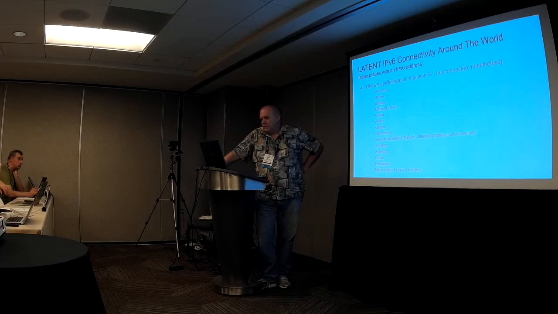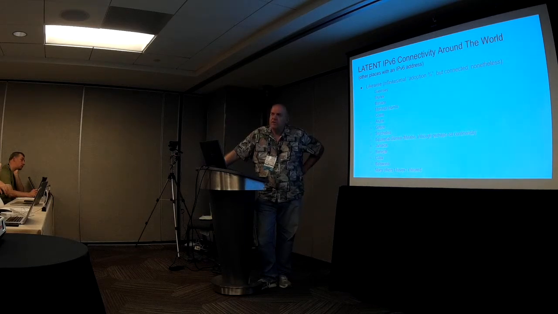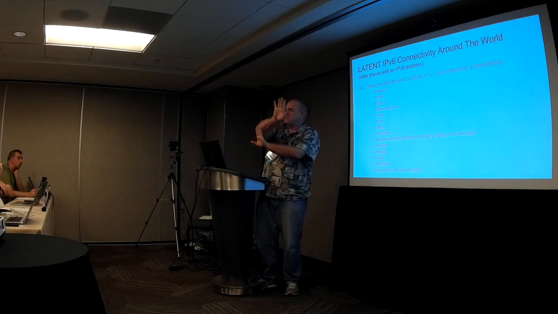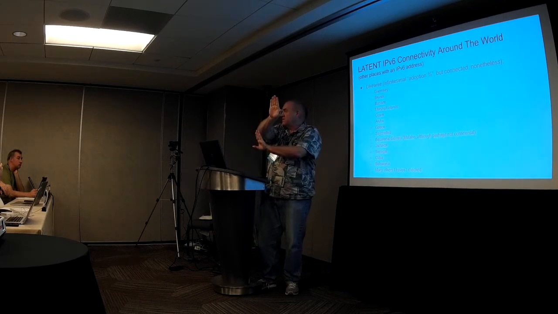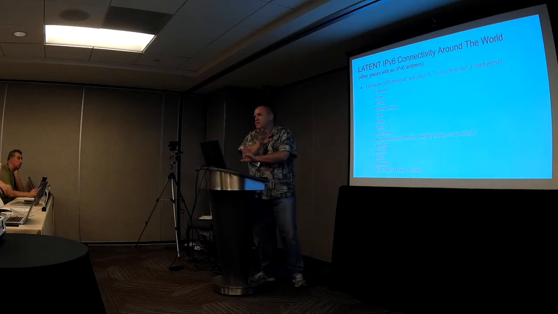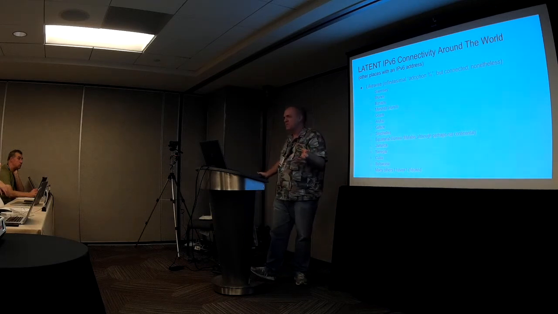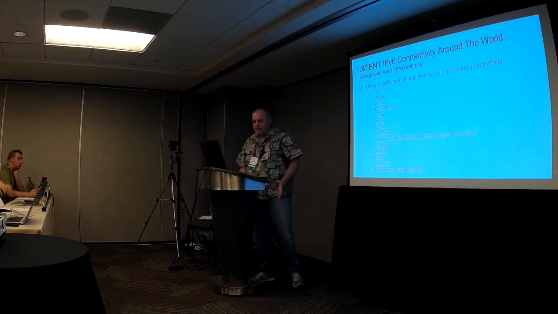Equatorial Guinea is kind of interesting because Malabo, the capital, is actually on an island off the coast of Africa. And it's not even off the coast of Equatorial Guinea. It's off the coast of Cameroon, which is a ways up. So it's the perfect illustration that having a pingable address in the capital does not mean you're connected to the rest of the population. But it's more than nothing.